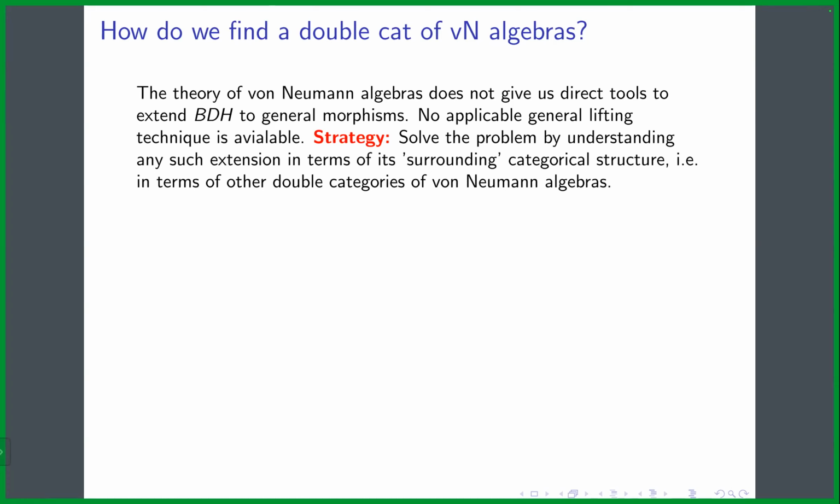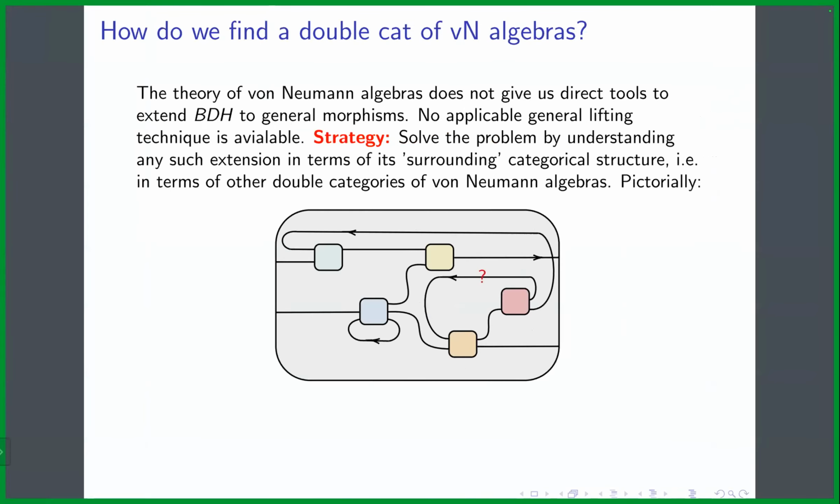But the question was, are there any other double categories of factors or von Neumann algebras? If so, I could try to understand the double category I was looking for in terms of its surrounding categorical structure, that is, its position in the category of general double categories of von Neumann algebras. So yeah, we have this drawing here.